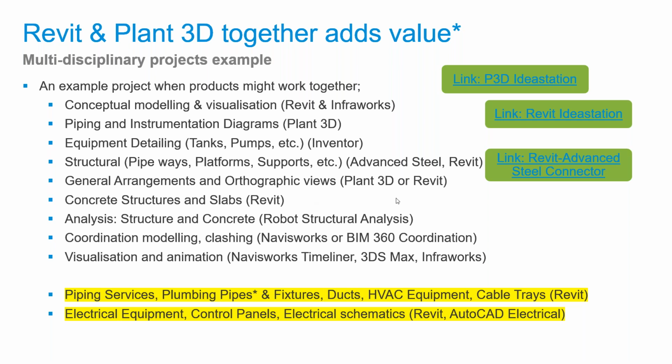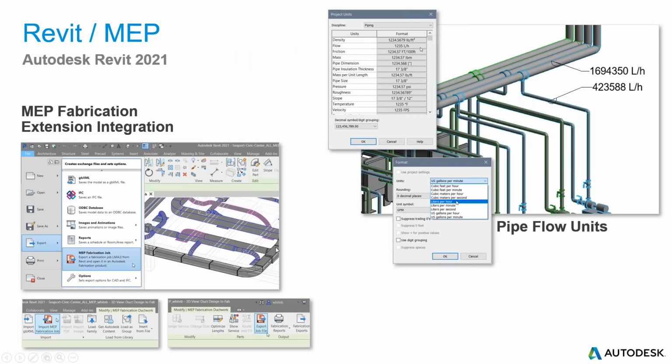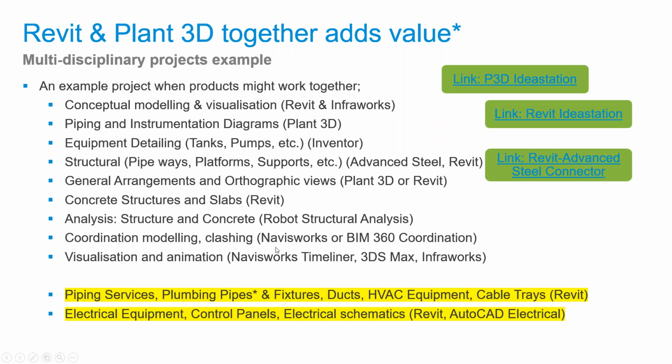It's an interesting workflow, and that's a bit what we wanted to say here. Revit and Plant 3D together is definitely adding value. However, it really depends on the way you will perform your workflow and the requirement of your project.